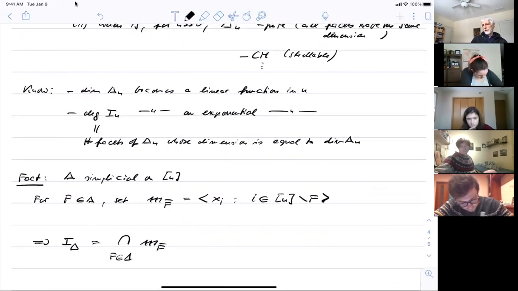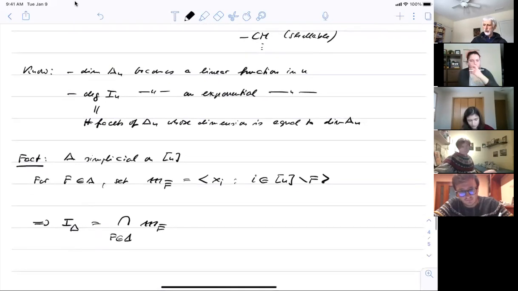And now, if one face is contained in the other, the complement of the smaller face just has more variables. So this would be an ideal that is redundant in this decomposition.